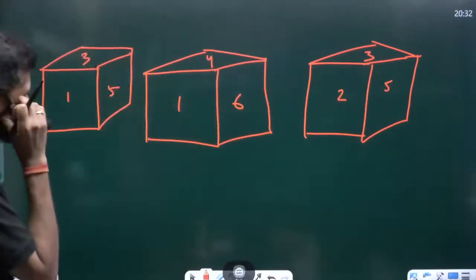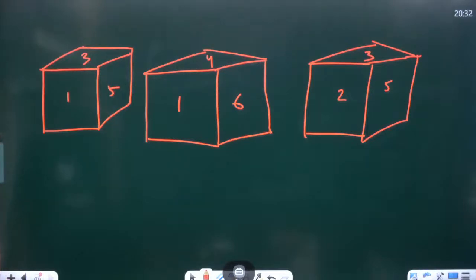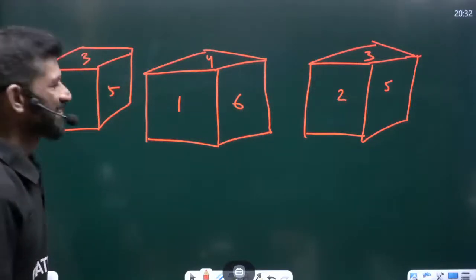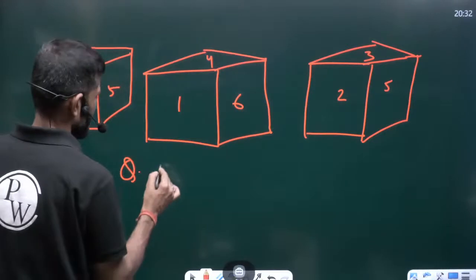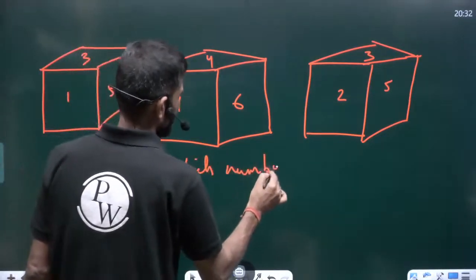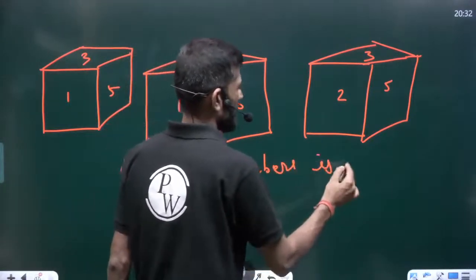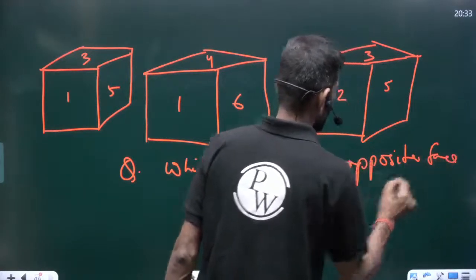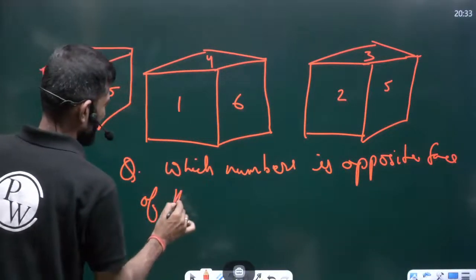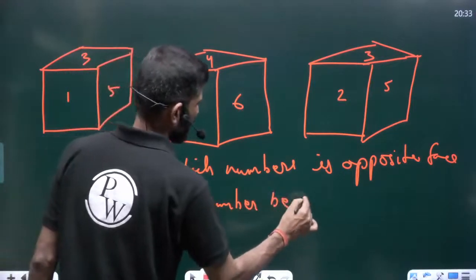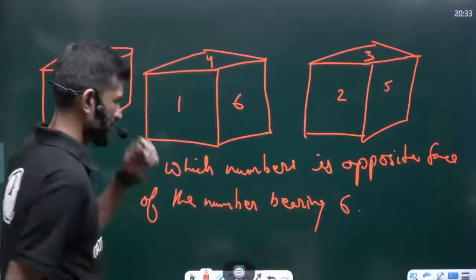Come on, tell me. Now the question goes: which number is opposite face of the number bearing 6? This is the question.